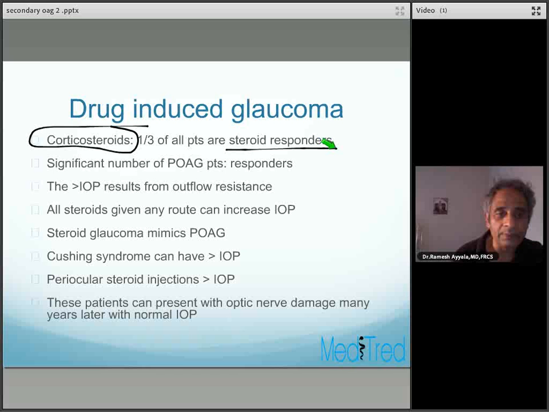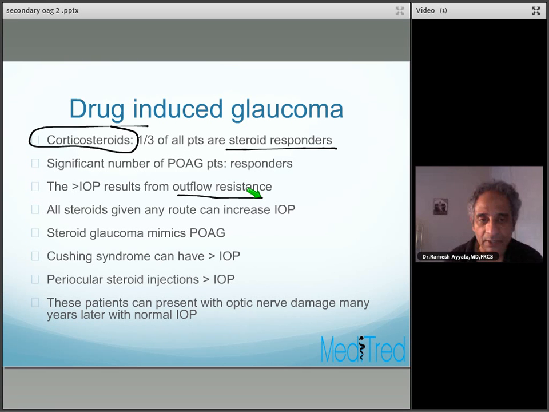And there are some papers to suggest that the glycosaminoglycan basement material in the juxtacanalicular area is increased following the use of steroids, giving rise to outflow resistance, consequently increasing the intraocular pressure.